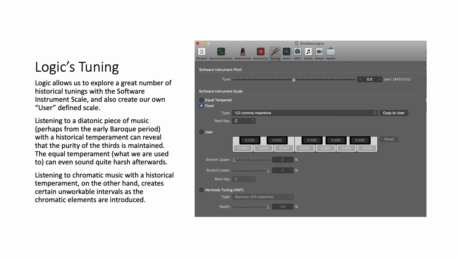And if we listen to these with both historical tuning and with equal temperament, we'll see that the chromatic music suffers particularly with the early temperaments, whereas diatonic music can have a nice character with those early temperament systems as long as there aren't any chromatic notes or chords.